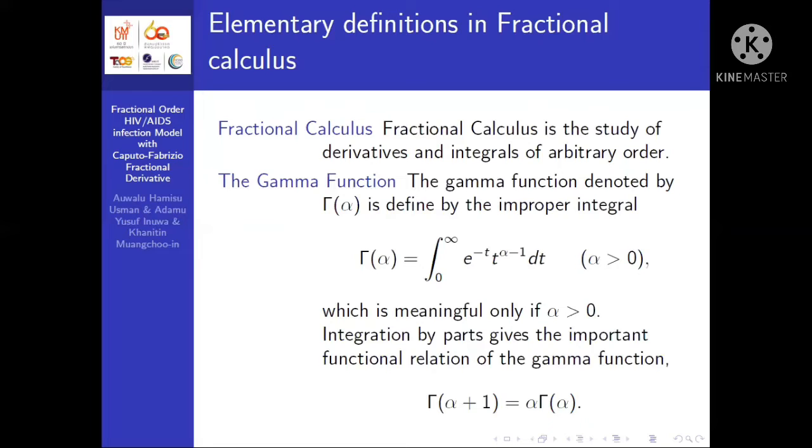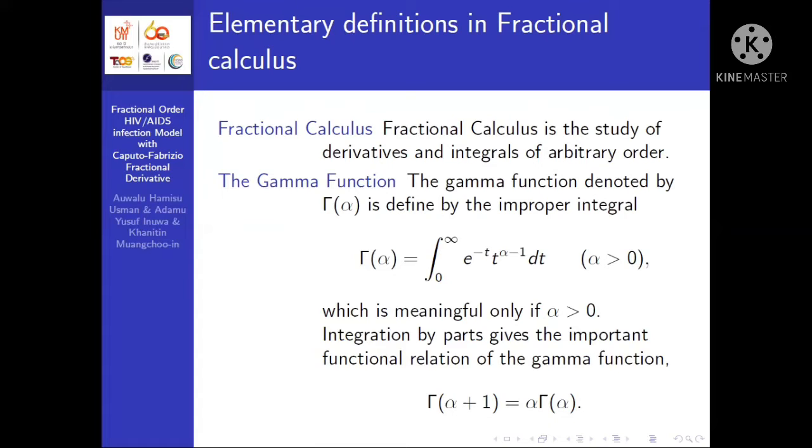The difference between fractional and classical calculus is that the order in fractional calculus is arbitrary, that is, a positive real number which is not an integer, while in classical calculus the order of the derivative is only a positive integer.